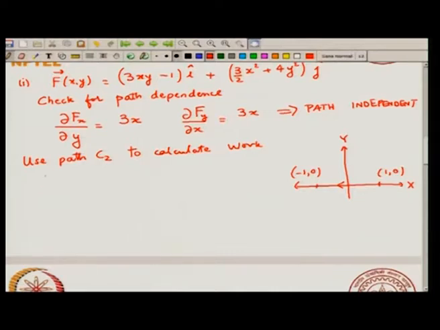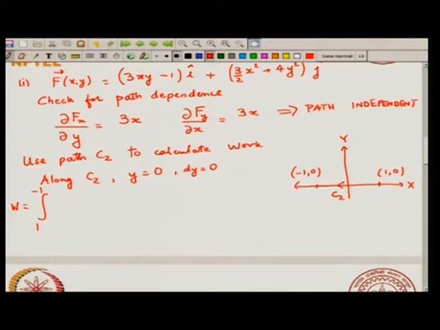So along C2, y equal to 0. So, I can write the work as the integral where x goes from 1 to -1, and so dy is also 0.